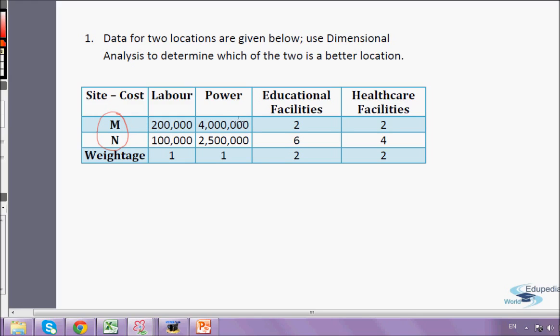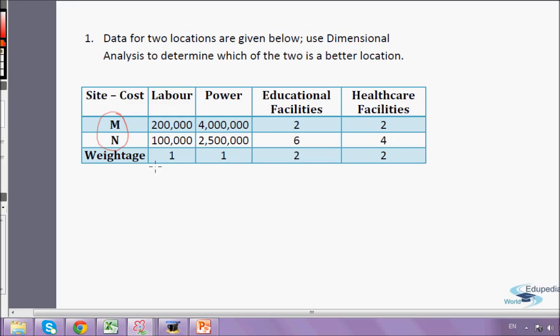Similarly for power, it's 4 million, and here it's 2.5 million. Then we have the educational facilities, where for site m the rating is 2, and for site n it is 6. For healthcare facilities, site m is 2, and site n is 4.